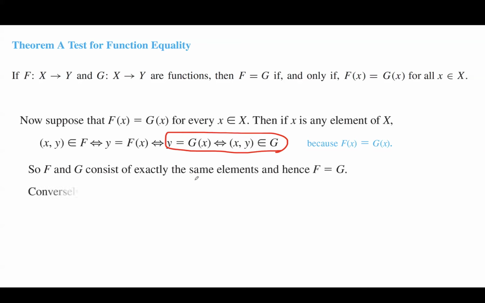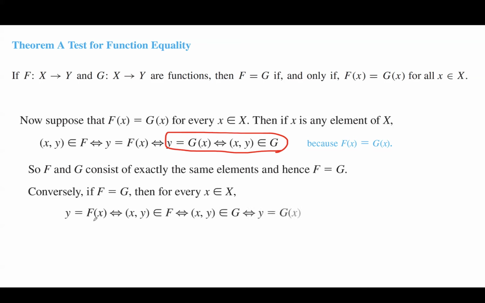Conversely, if f and g are equal to each other as sets of ordered pairs, it means that for every x in the domain X, y is equal to f of x. If you plug x into f, you're going to get some output value like y. It means that the ordered pair (x, y) belongs to the set f.